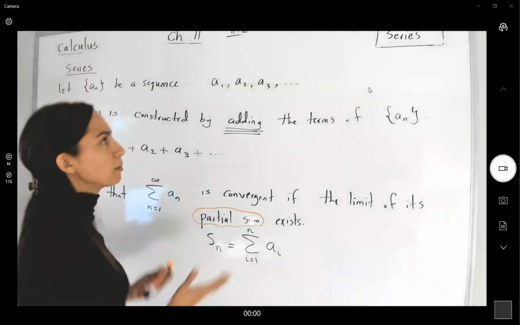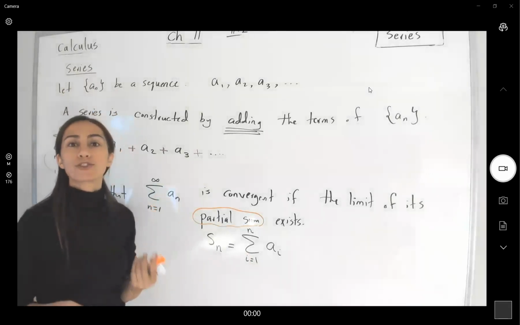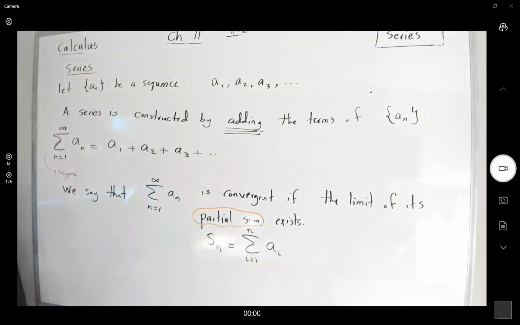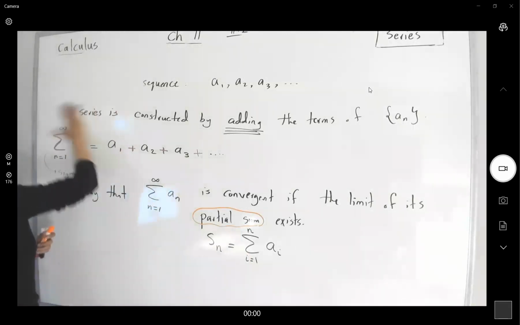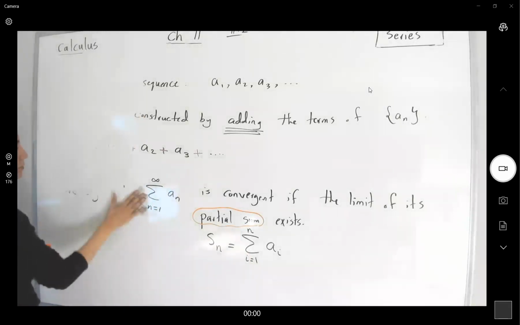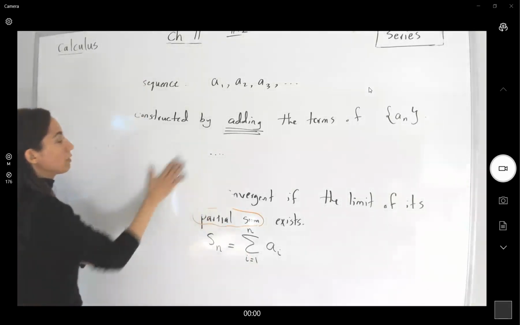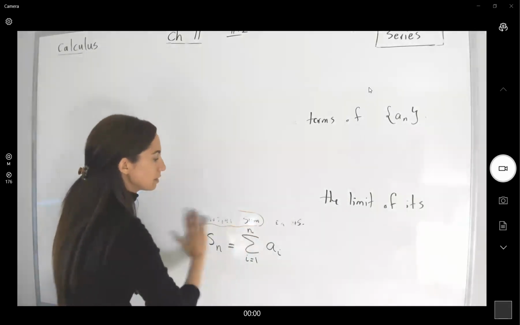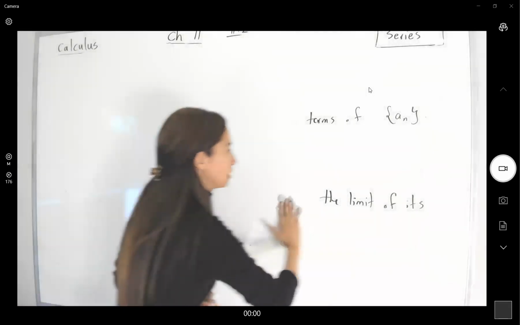So let me give you an example so we can distinguish between a sequence and a series. This is a famous example that you can always use when you're analyzing a sequence and a series and you get confused.